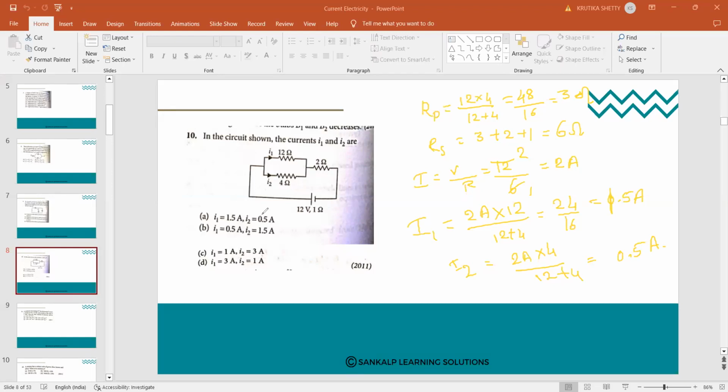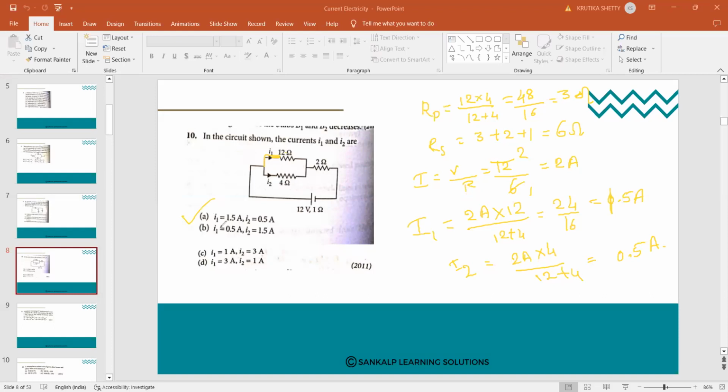If we interchange the values, the answer also changes. So first, if I take 12, option B is correct. Yes, option B. So what I should have done first is, for I1, I should take 12 into 2 ampere divided by 12 plus 4.